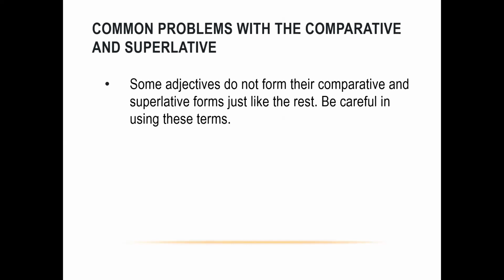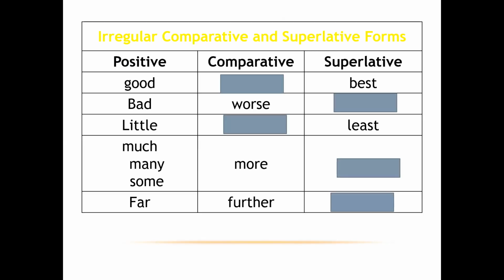Some adjectives do not form their comparative and superlative forms just like the rest. Be careful in using these terms. Okay. So may mga adjectives naman daw na hindi pwedeng baguhin yung form. Such as irregular words. Okay?